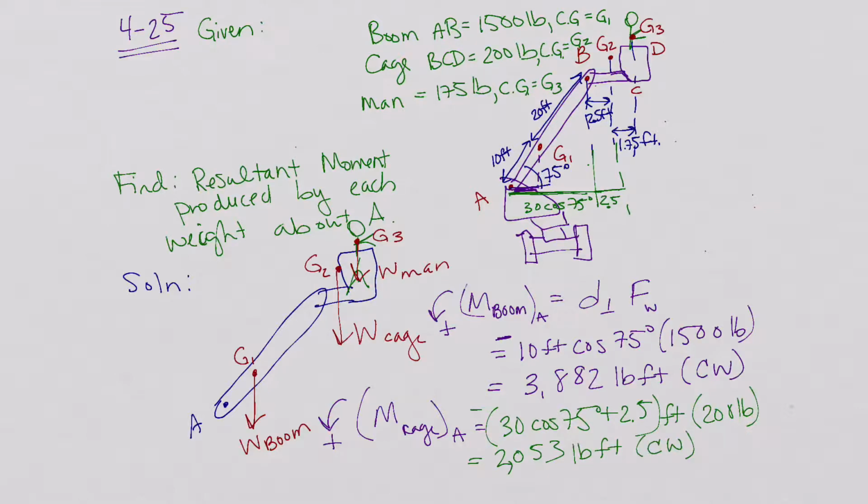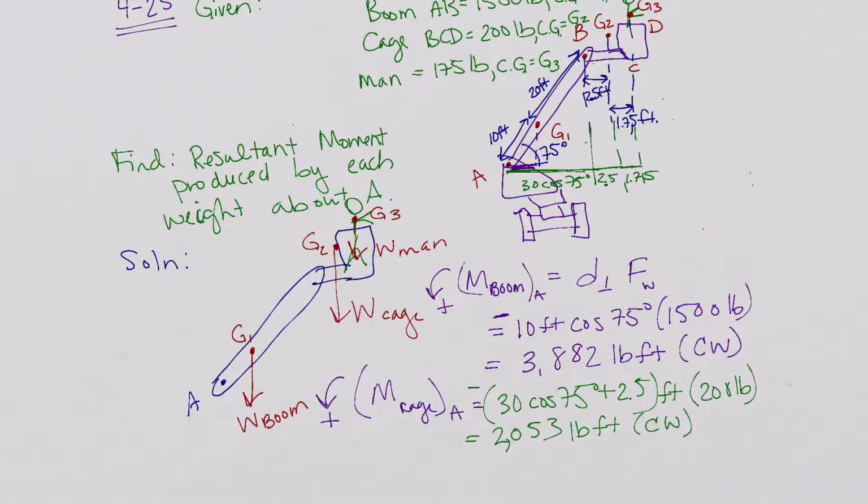So then the last one is of the man. For this one, the perpendicular distance is that 30 cosine 75 plus 2.5 plus that 1.75. And that gets us all the way to that perpendicular distance to G3. And then the man is 175 pounds. So the moment of the man about A is going to equal, that's also in the negative direction.